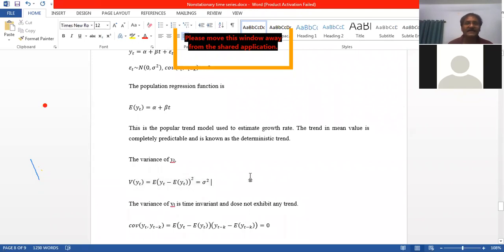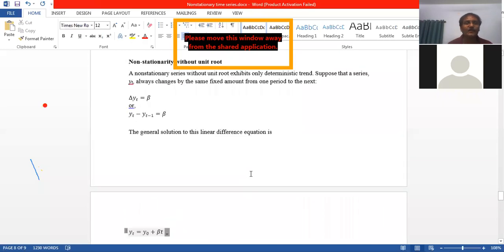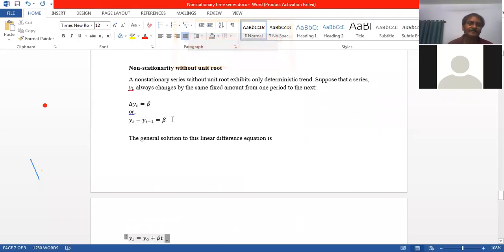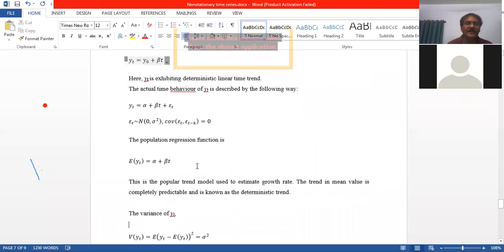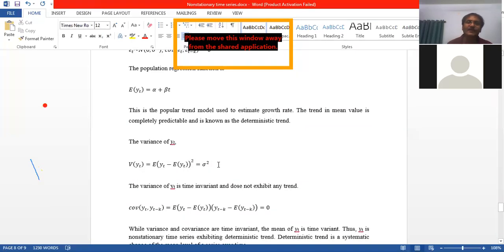So the basic thing we have to keep in mind: if we assume yt changes over time at a constant rate, or if yt follows this type of behavior, yt is equal to yt minus 1 plus beta, then the mean value of yt is time dependent linearly, but variance of yt is constant.